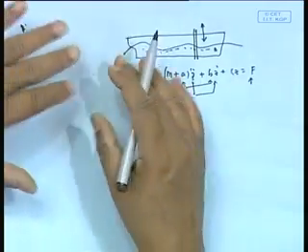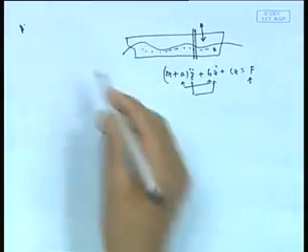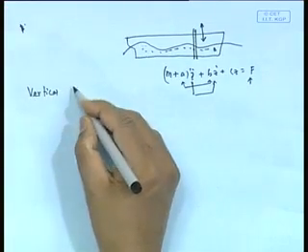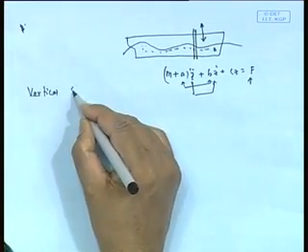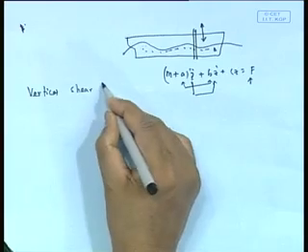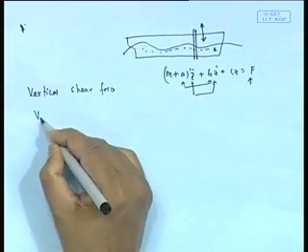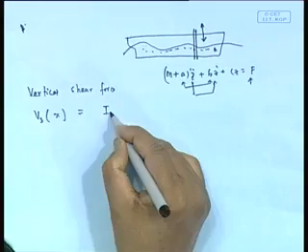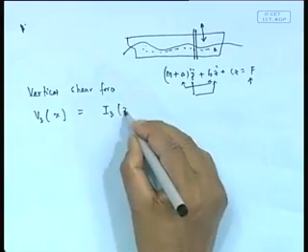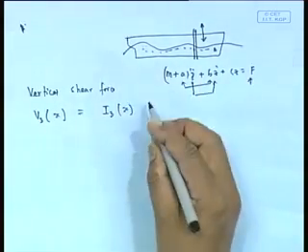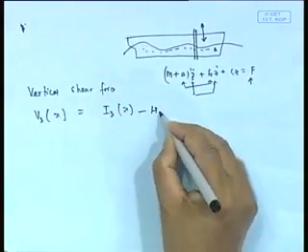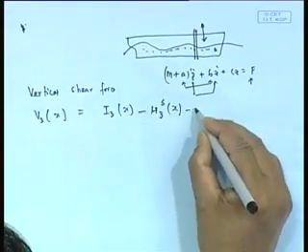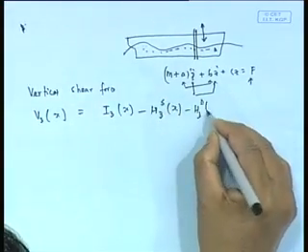So what happened with all that, one can actually calculate. An example is the vertical shear force, V3x. It will have a contribution from I3x, x being a section, some location, minus H3S x minus H3D x.